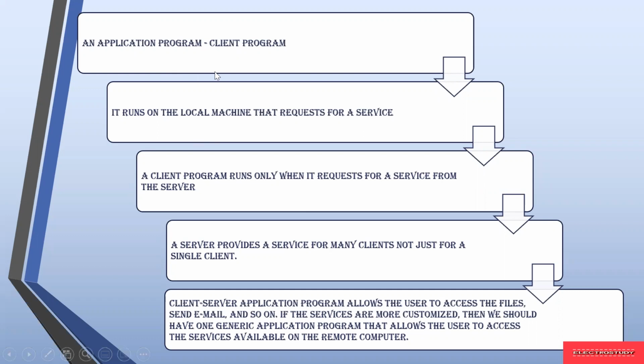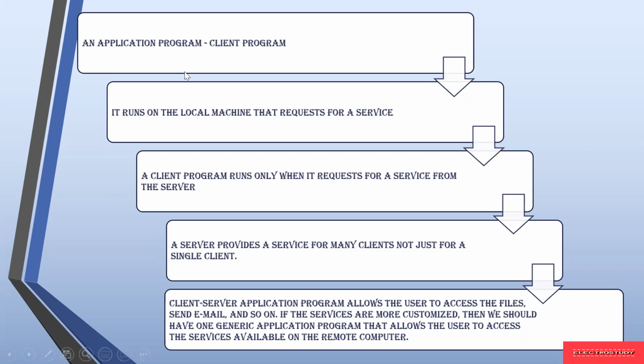So this is the process. A network application consists of a pair of processes that send messages to each other over the internet when you have a client server model. Here the application program is a client program, which runs on a local machine and requests services from a server program running on a remote machine.